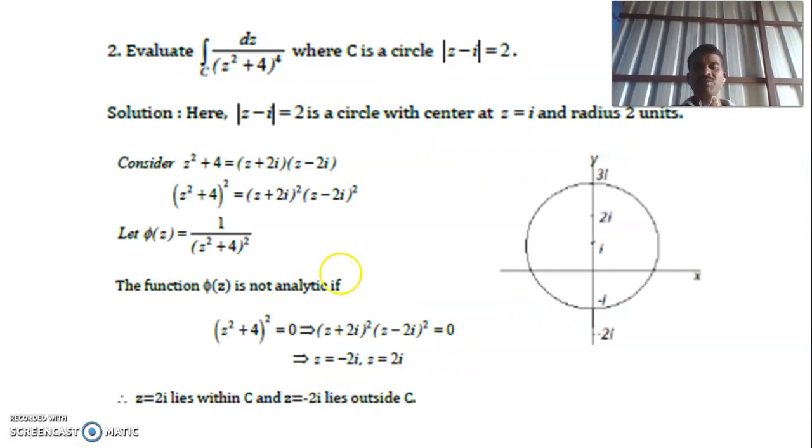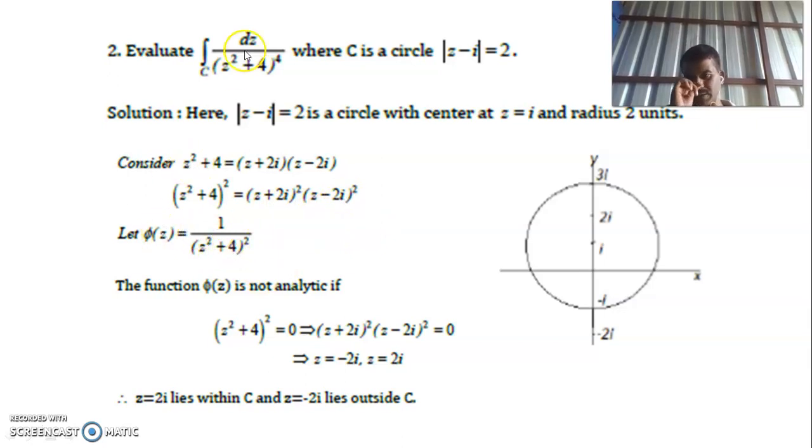In the second problem, the integral has z square plus 4 whole to the power 4 in the denominator, where C is the circle mod z minus i equal to 2. This represents a circle with center at i and radius 2 units. Consider z square plus 4 to the power 4, which we factorize as (z plus 2i) whole square into (z minus 2i) whole square.